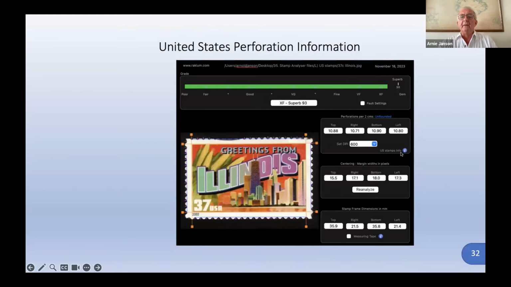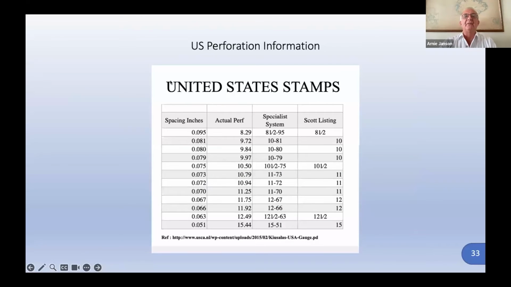And right over here, you click on this US stamps info box. I was expecting to learn information about this stamp. It isn't. It doesn't have any understanding of what that stamp actually is. What it does, if you click on this US stamps info box, you get this menu that pops up, that talks about the different spacing in thousandths of an inch, and the actual perforation and the specialist system.